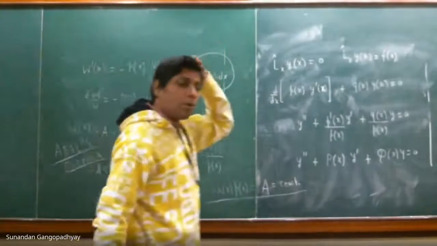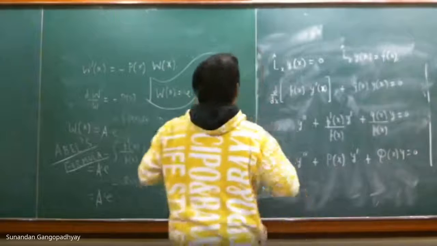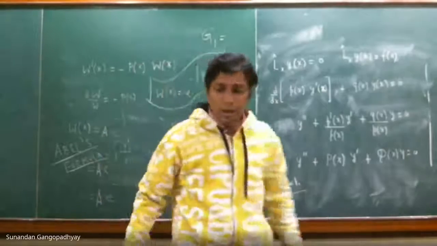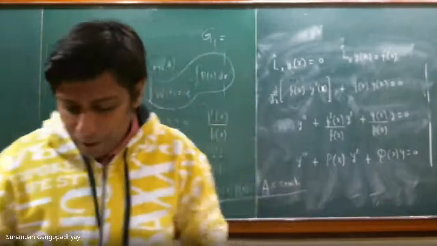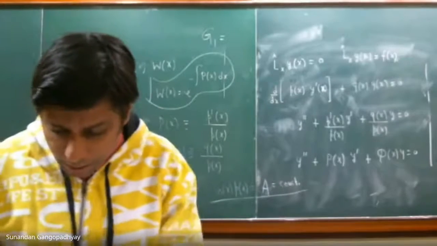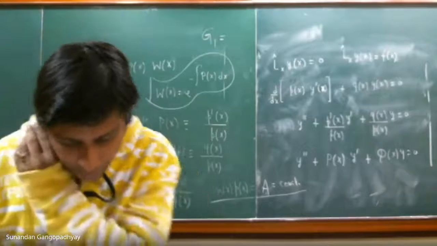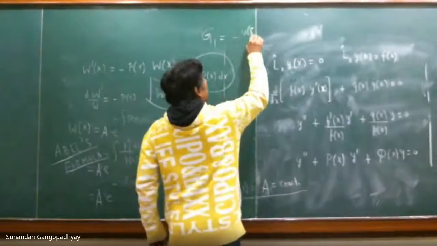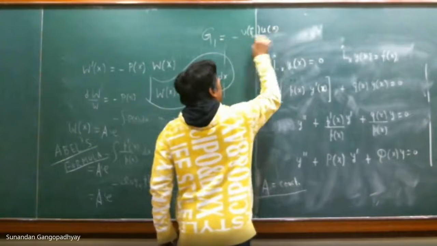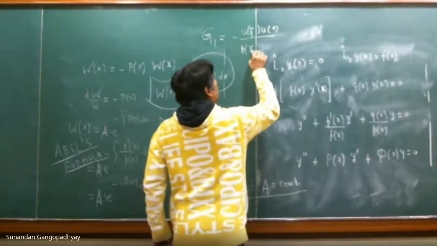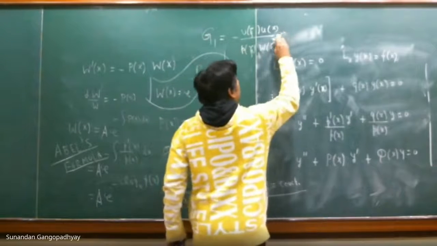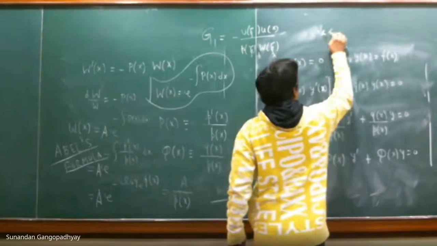You go back to the formula for the Green's function g1. What was g1? If you remember, g1 was minus v of xi u of x by p xi w xi, in this interval.